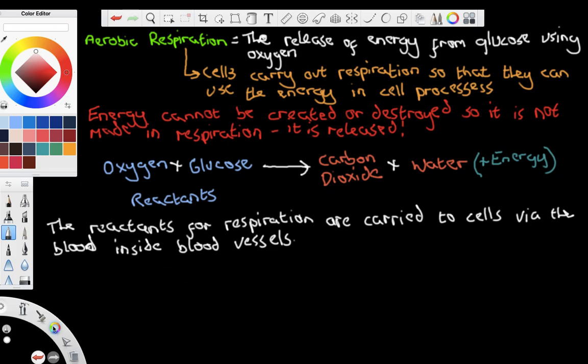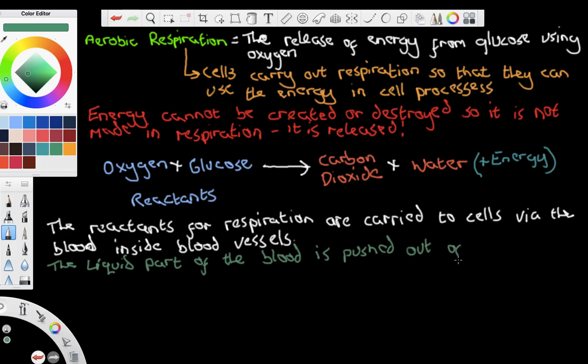So we can say that the liquid part of the blood is pushed out of blood vessels carrying oxygen and glucose with it.